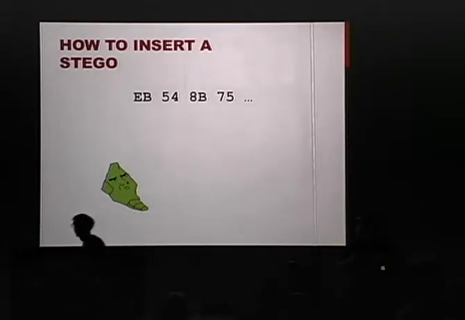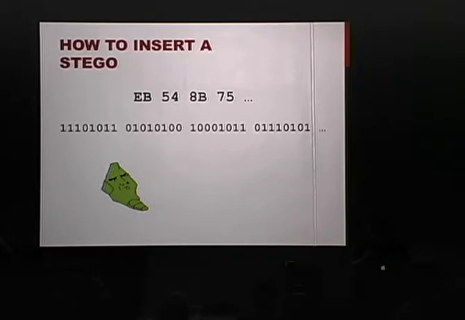All right, so basically, I'm going to show you exactly how we inserted the stego. We had shellcode, and we also had our icon file. If you take your shellcode and break it down into its binary format, and then you look at your icon, there are different sizes you can use.